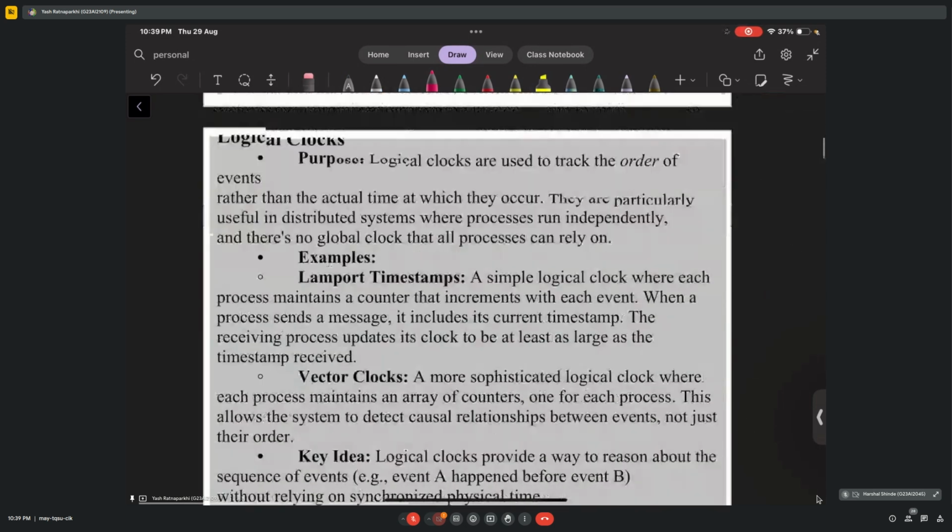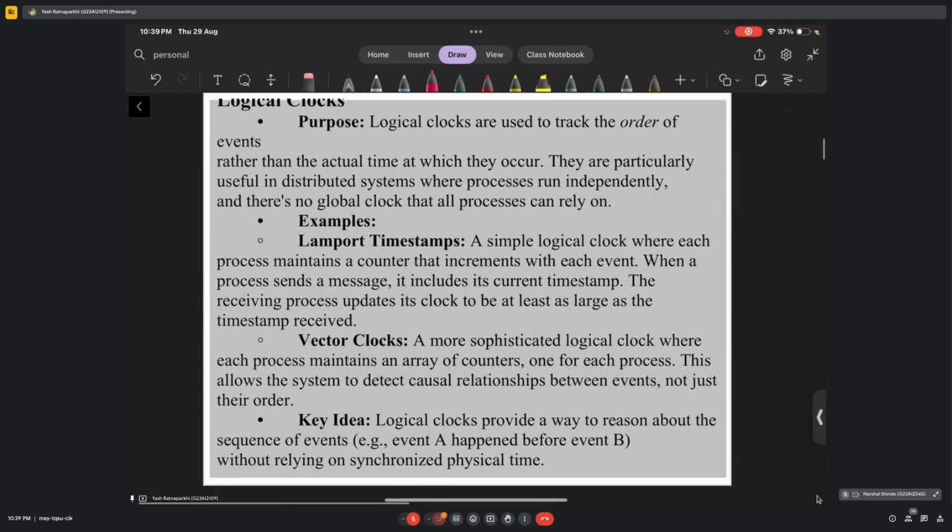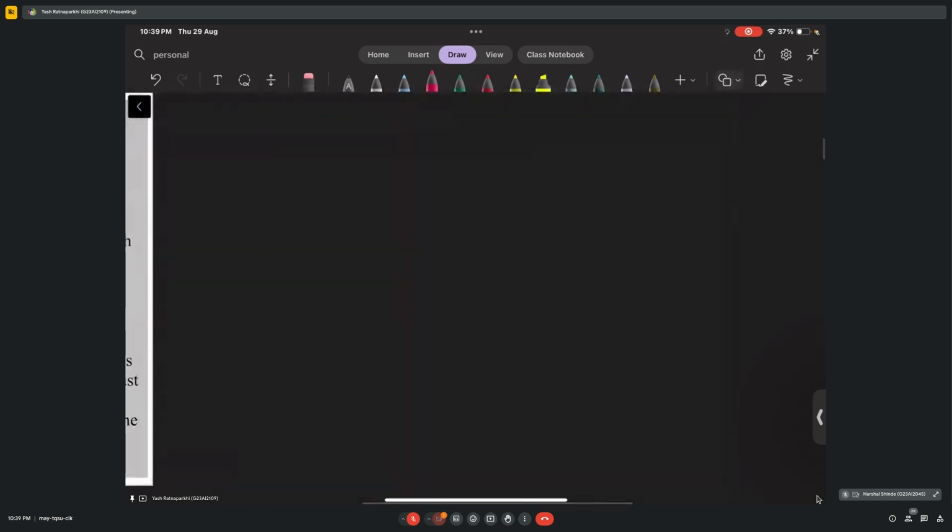Cool. So what is a logical clock in itself? A logical clock is used to track the order of events rather than the actual time at which an event occurred. You must understand what is happening in the background. Let me draw three lines to explain.